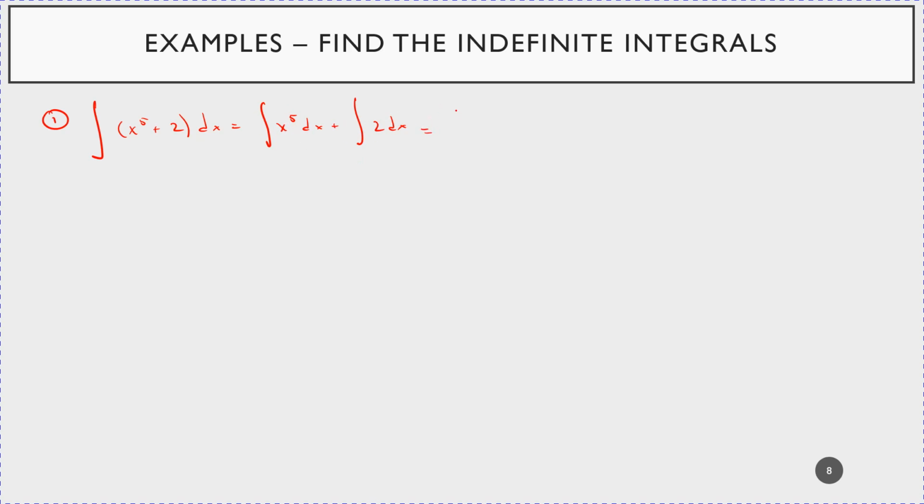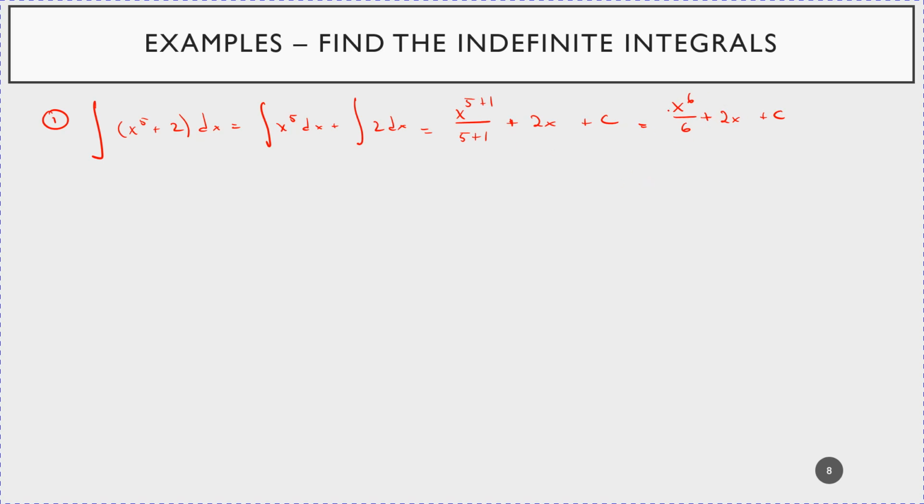This is x, you're going to take 5 plus 1 divided by 5 plus 1. And then we saw that the integral of a constant here would just be 2x. And then don't forget, whenever you complete any of these, you're just going to write that plus c there at the end. So this literally ends up just being x to the 6th over 6 plus 2x plus c.